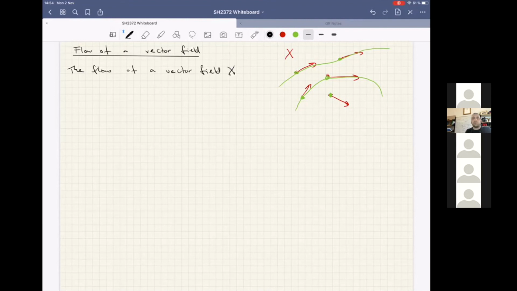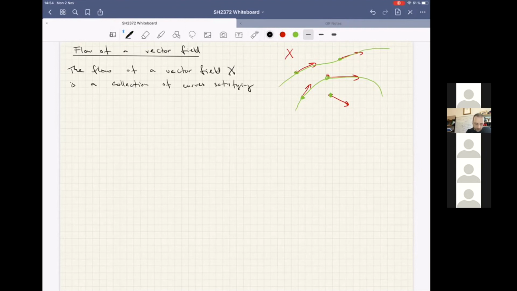So let's call the vector field X. It's a collection of curves that satisfies the following.